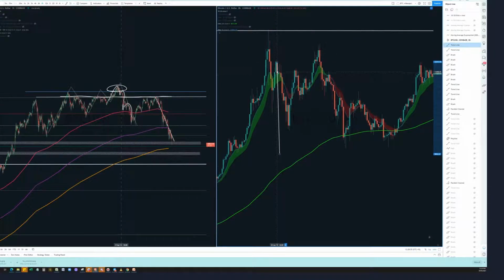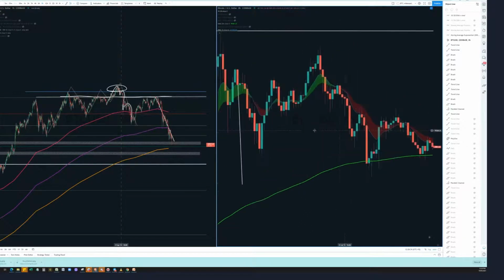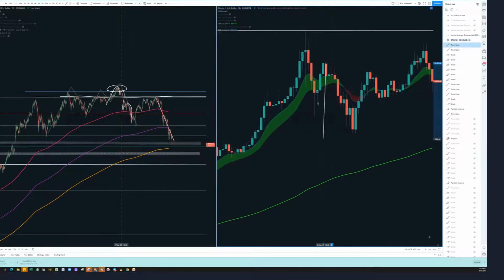Actually, this one didn't quite work that way. Let's do that again. Do we include the wicks? That's the question. We ignored the top wick. I think that's overextension, and that's almost, not quite. The actual fact is that it overextended.